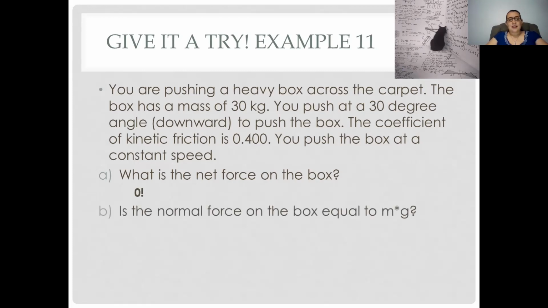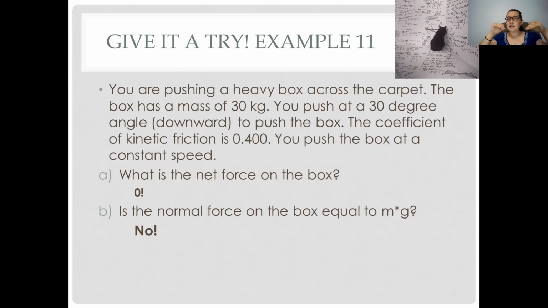Next question, is the normal force on the box equal to mass times g this time? Hmm. Well, no, it's not, right? Because we have this additional force that we're pushing with, and that's at a downward 30-degree angle.